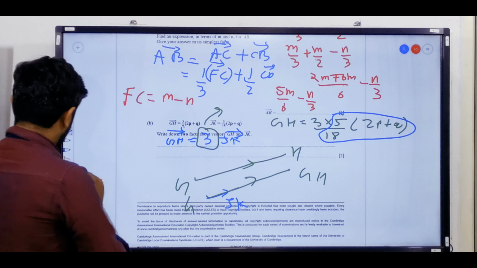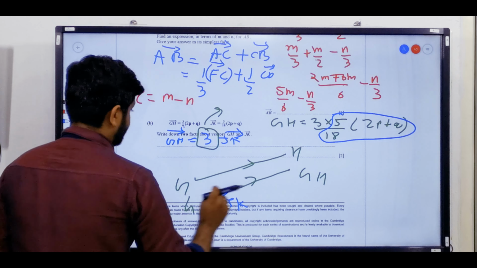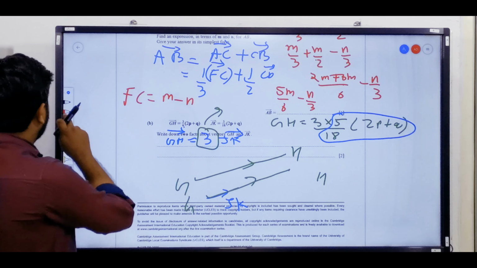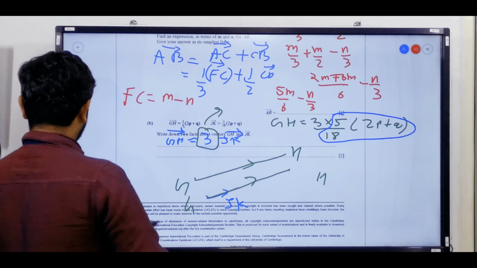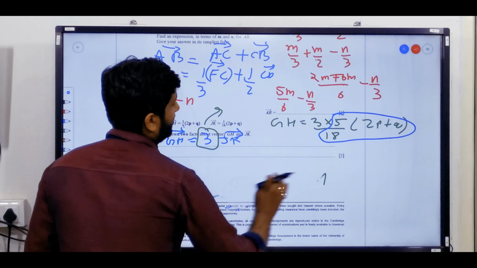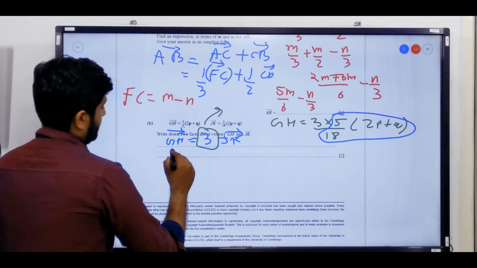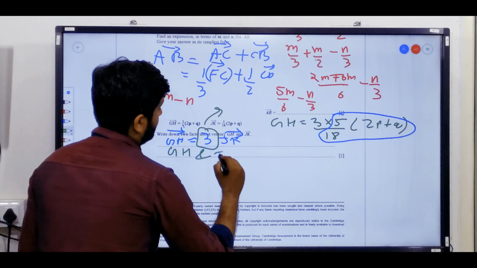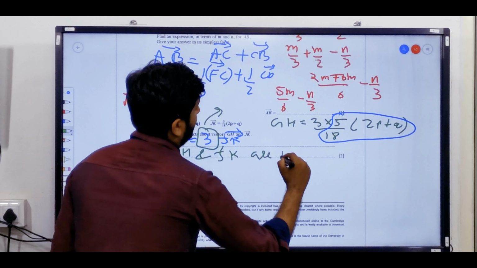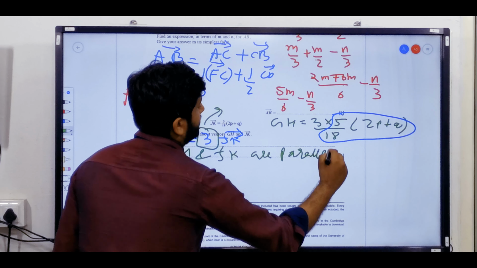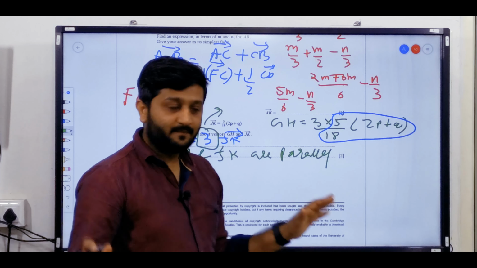So what is the other fact? The other fact is GH and JK are parallel. So that is the end of the paper.